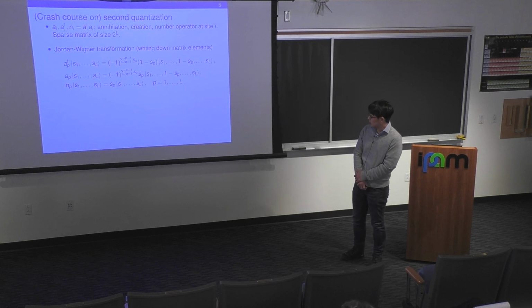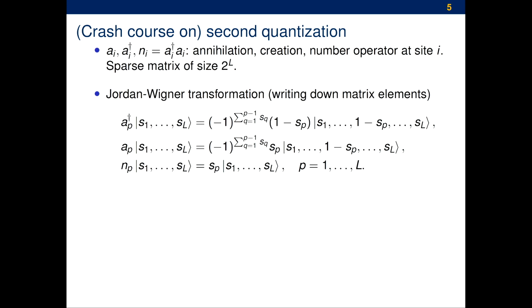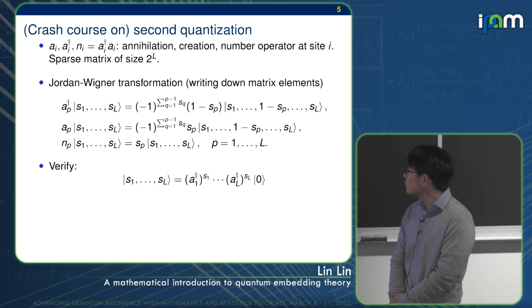In physics, there's something called the Jordan-Wigner transformation. Mathematically, you're just writing down the matrix elements of it in the basis. This is just to let you know that it can be written down. Either you already know it or it doesn't make any sense to you, but I just want to say that these are the matrix elements in the basis.